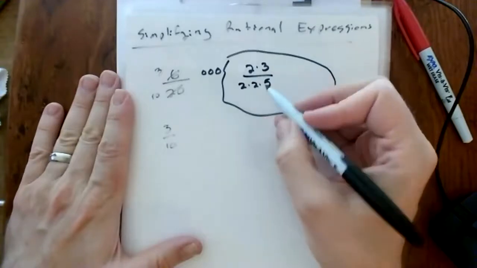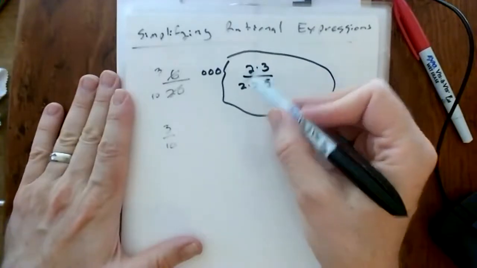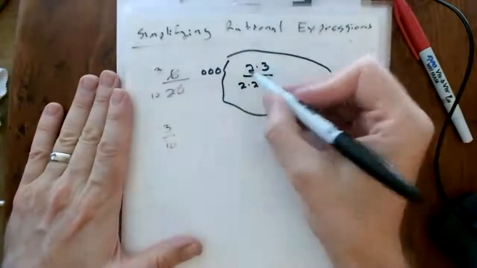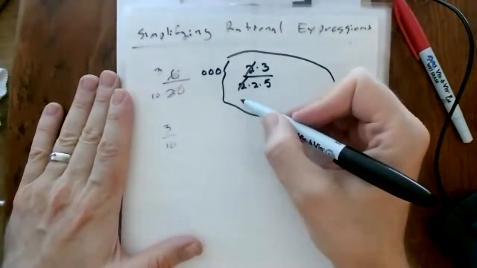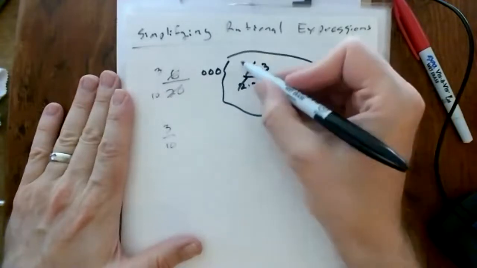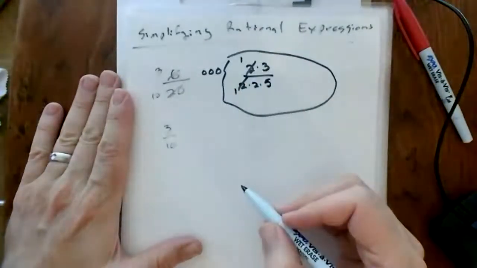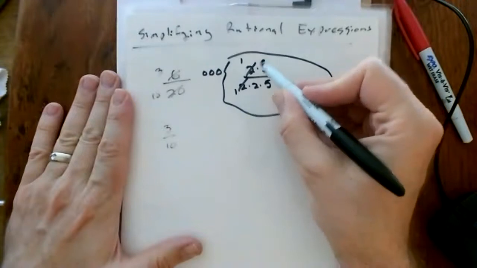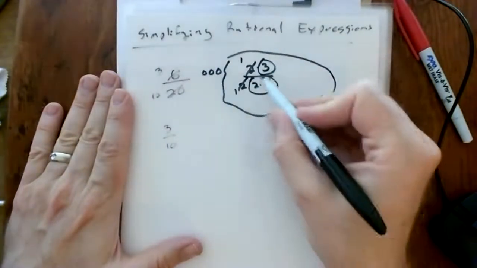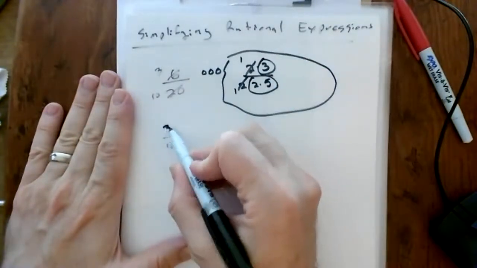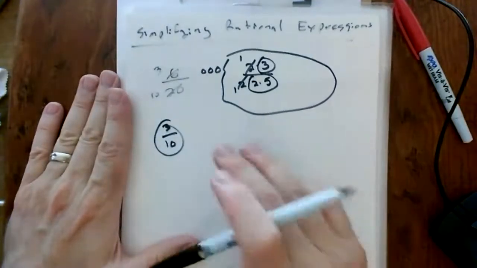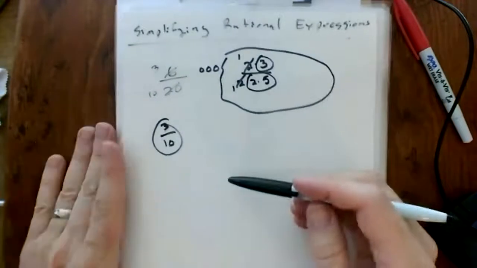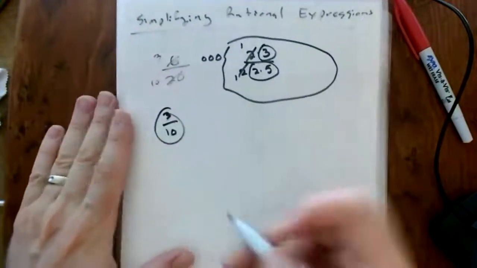I'm just doing a prime factorization here. And then we cancel out our like factors. When we cancel, we're just dividing them by the same thing. What do I have left? I've got a 3 up top, and I've got 2 times 5 down below, so I've got that 3/10.